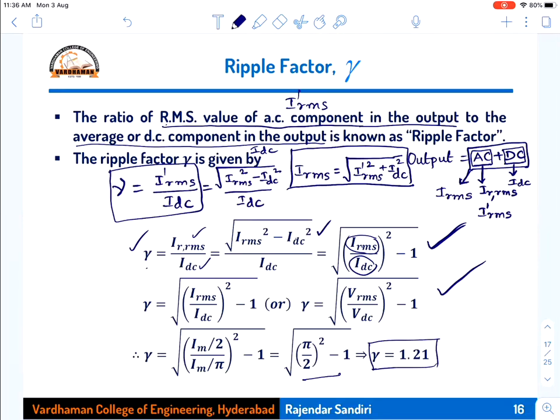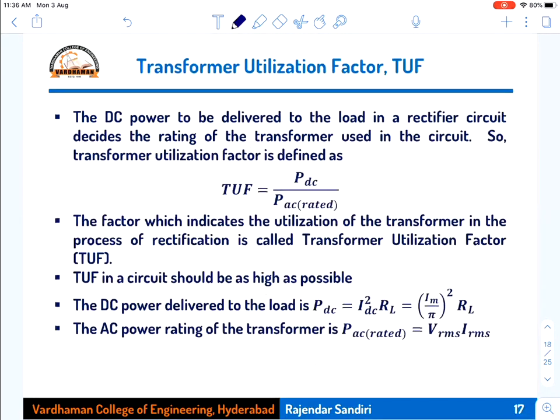Okay, so gamma is equal to 1.21 is the value we got for the half wave rectifier. It is a large value, which should ideally be 0 to get pure DC, so it should be as close to 0 as possible. It is 1.21, which is large and a disadvantage.